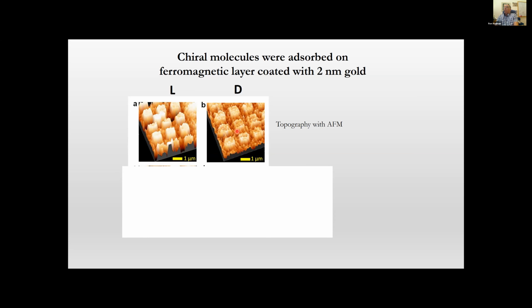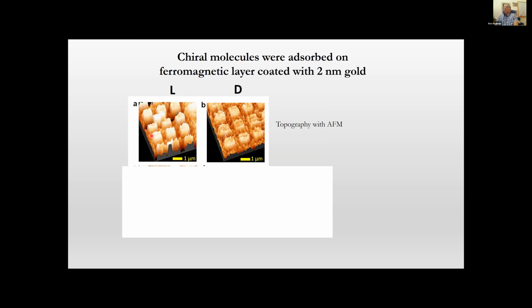Please, I call your attention that here the squares are not as nice as here. The reason is that here we use natural molecules from nature. Nature is very pure L-type. In this case, it's L-type amino acids, while the D amino acids were made synthetically, and it's very difficult to make them as pure, therefore they don't form such nice squares.